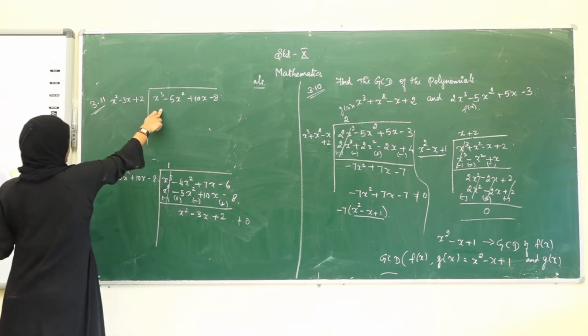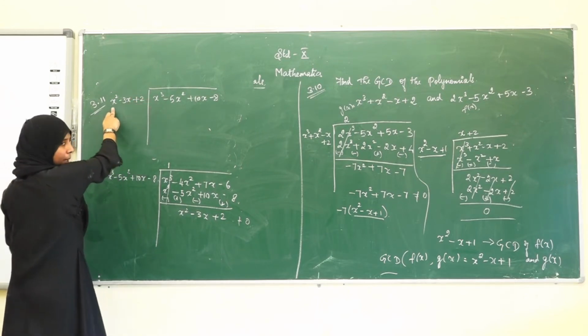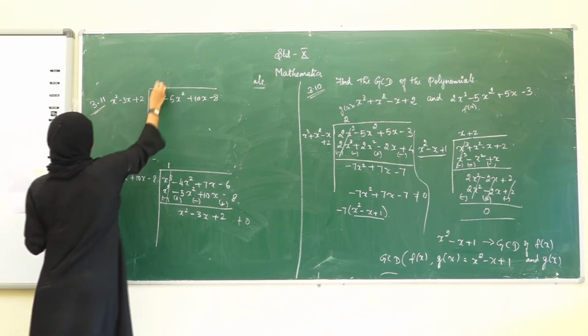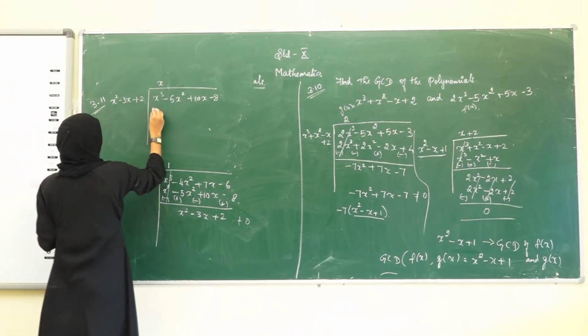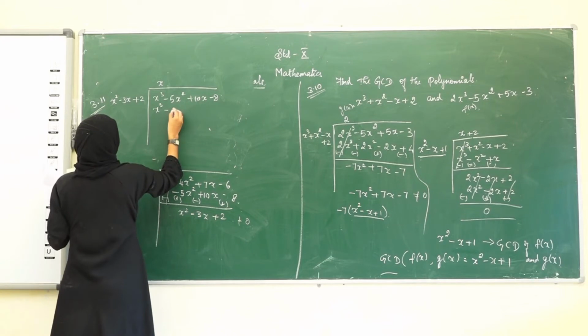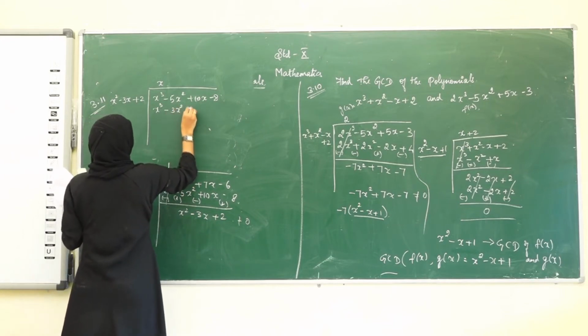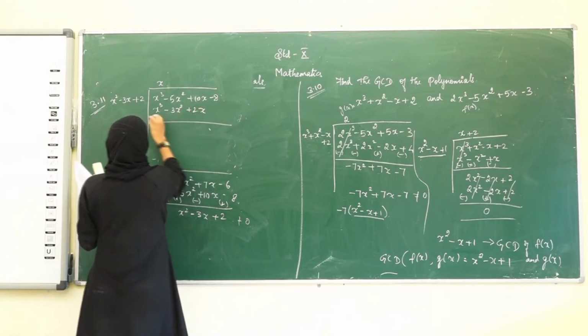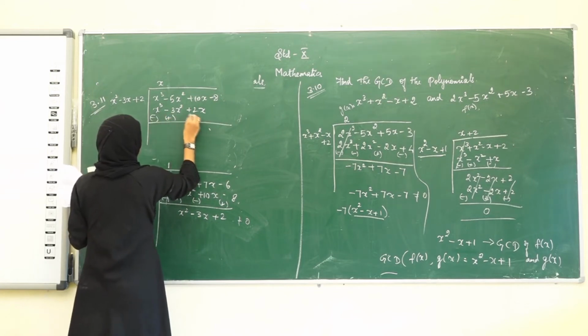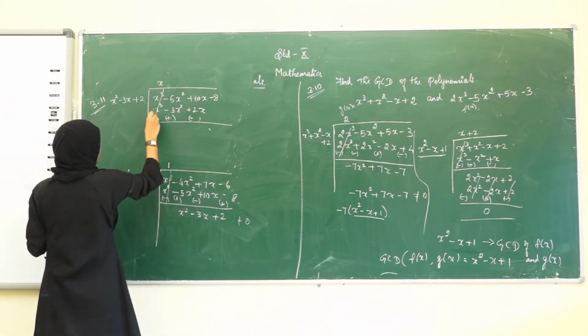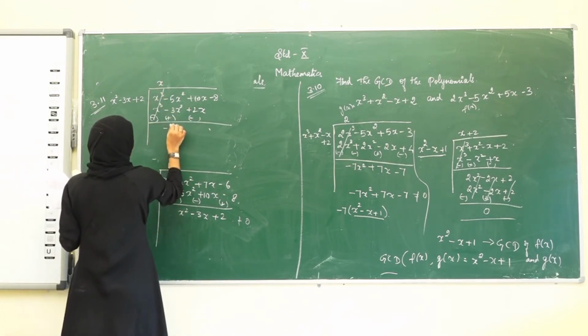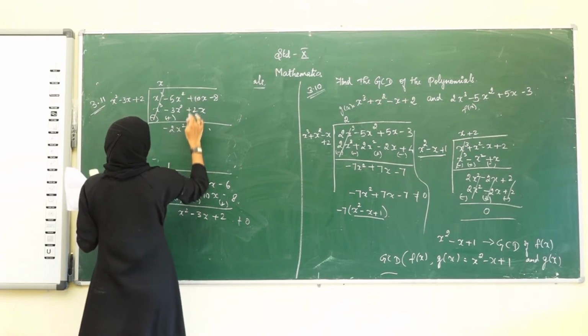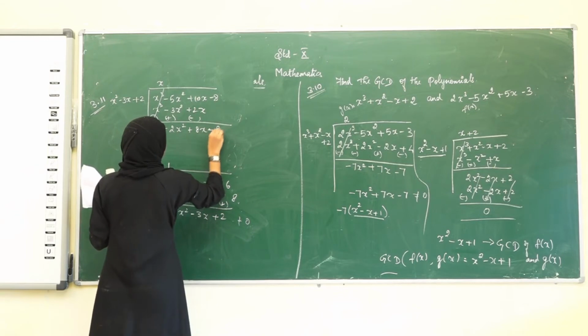Consider these two. When we multiply the first term by x, we get x cube minus 3x square plus 2x. We change the signs, so this term gets cancelled. This gives minus 2x square plus 8x minus 8.